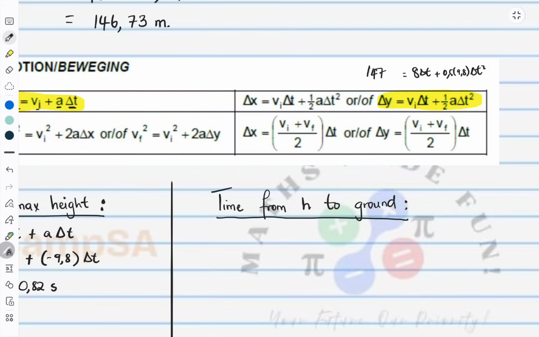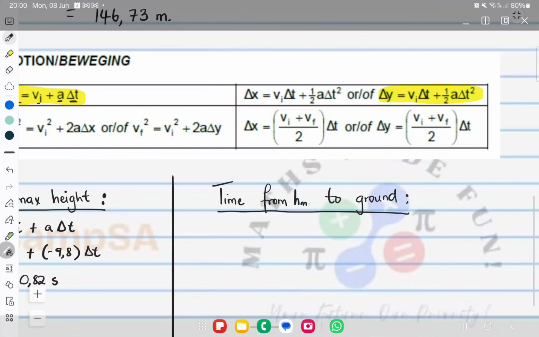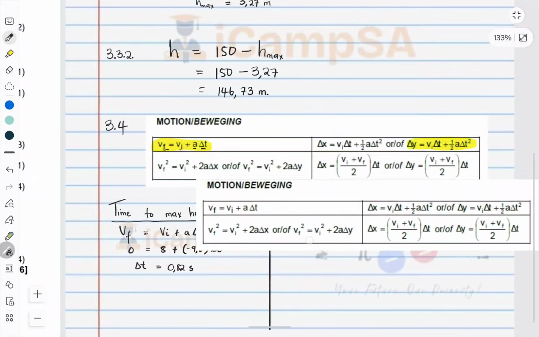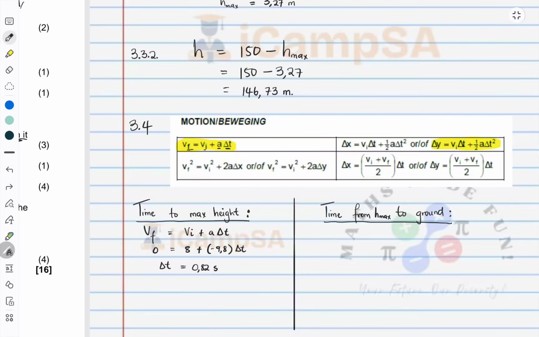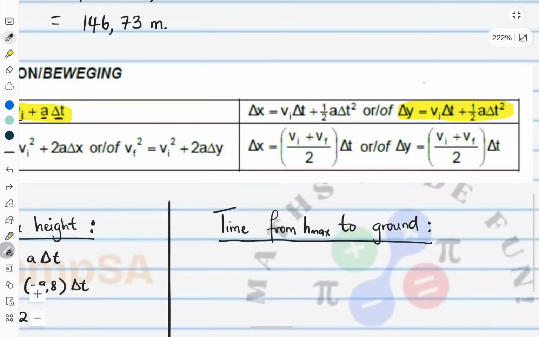I don't want that. So what I will do is I will change the position at which I'm starting from. I will start from H max instead. H max is up there at the top, right? Up there at the top to the ground, so that I know that Vi at H max is 0, because that's the maximum point before it just turns.